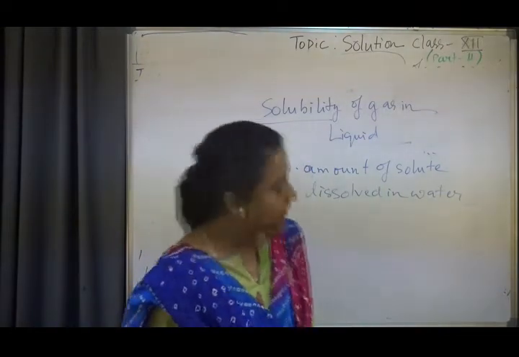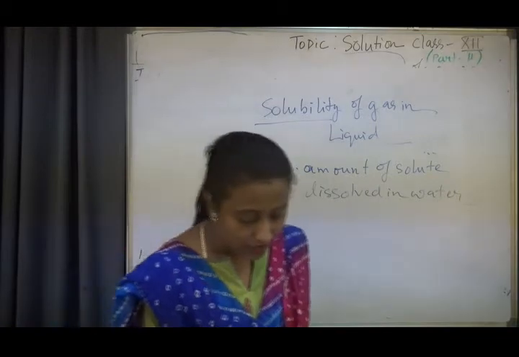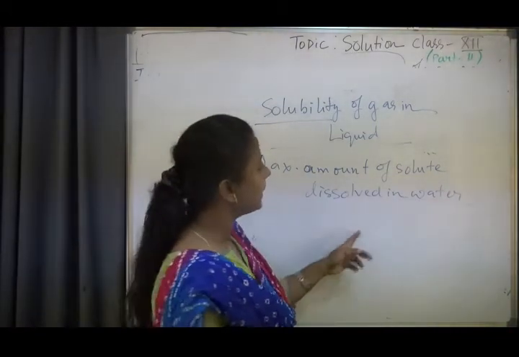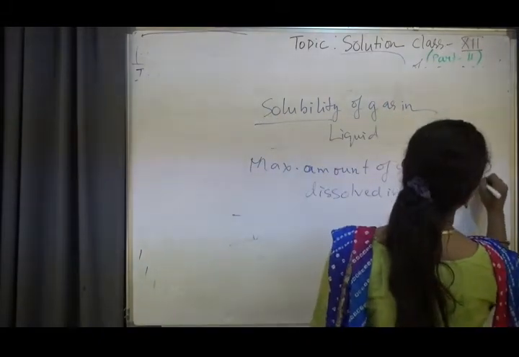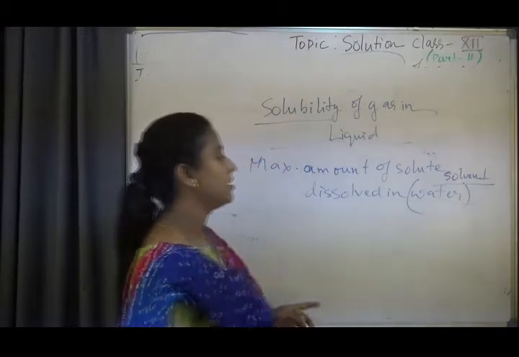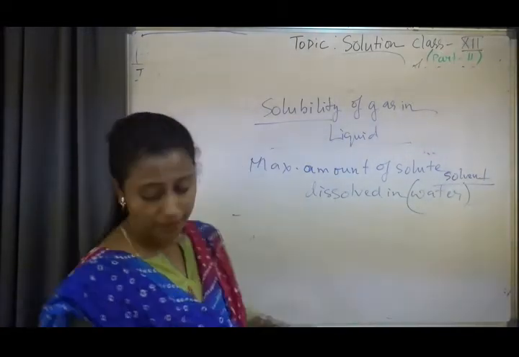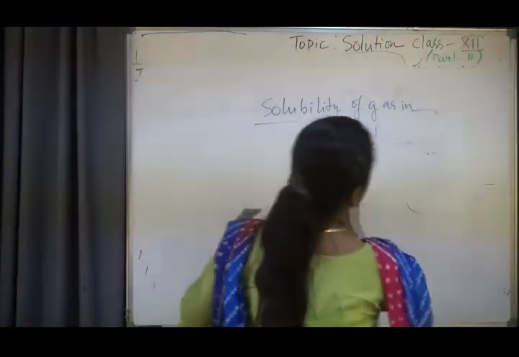So the solubility of a gas in a liquid is the maximum amount of solute that can be dissolved in a given solvent, which is generally water. Water is a universal solvent, so generally water is taken. This solubility depends on some factors. What are the factors?